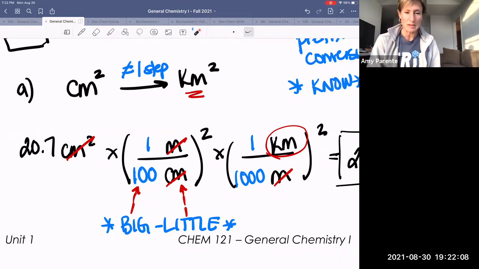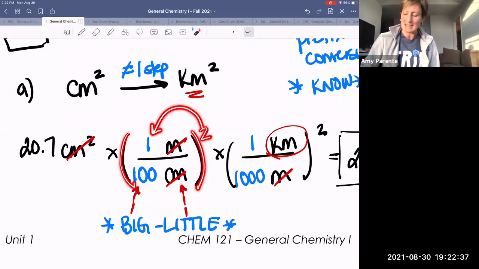Another place that people made mistakes, and I saw a lot of this today when I was walking around, is they would just put the 2 right there. We don't do that, because when we square this quantity, the relationship is 1 meter equals 100 centimeters, so we need to square the entire quantity. That's why I have this in big parentheses, which means I need to square not only the unit, but the value.